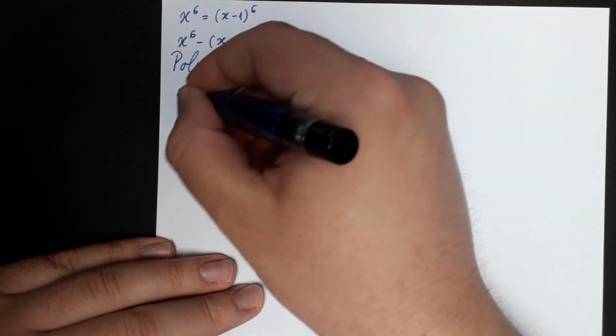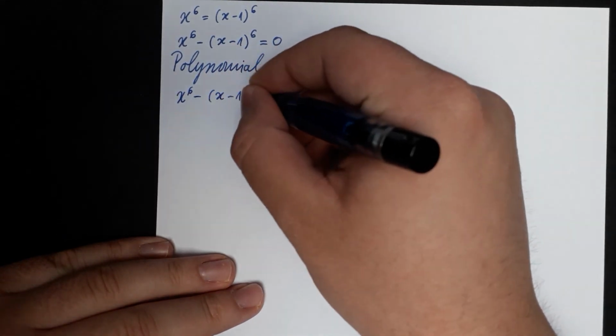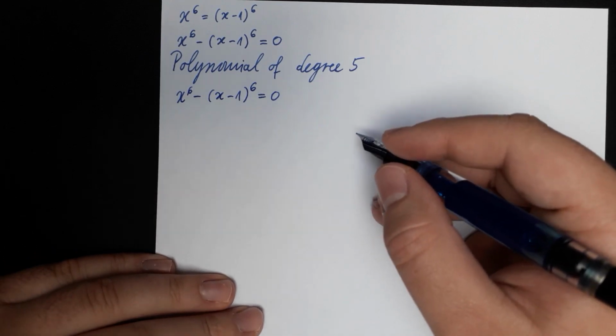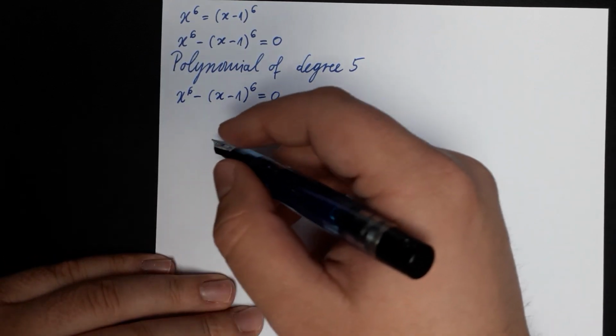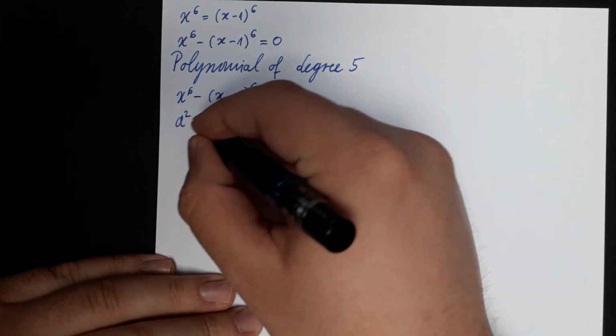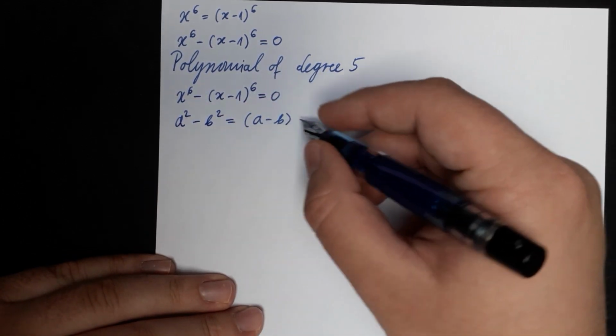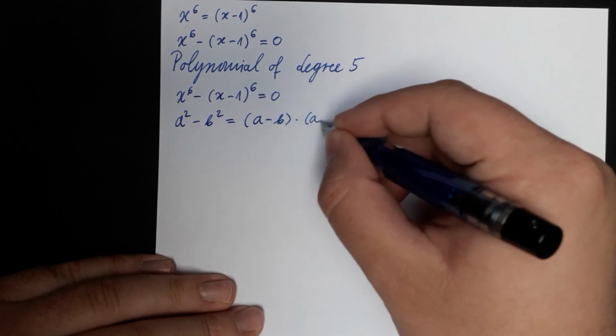Now, x to the power 6 minus (x minus 1) to the power 6 equal to 0 is susceptible to the use of the difference of two squares formula, which is a squared minus b squared is equal to (a minus b) times (a plus b).